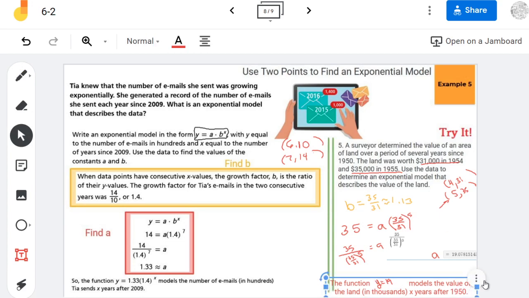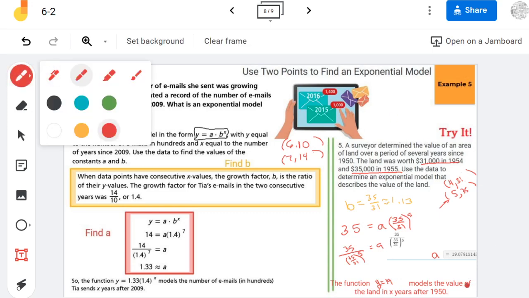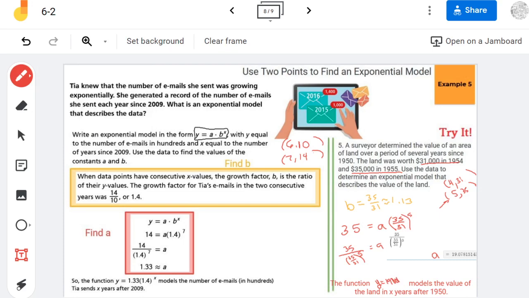Savvas doesn't even mention the in thousands. I don't like how they're changing their answer there, so I'm going to change what I'm doing with Savvas, and I'm just going to put the 19,000 in there. That way it matches, and we're friendly. So there's my 19,000. And then times 1.13 to the x. Should have left more space for myself, but there it is.